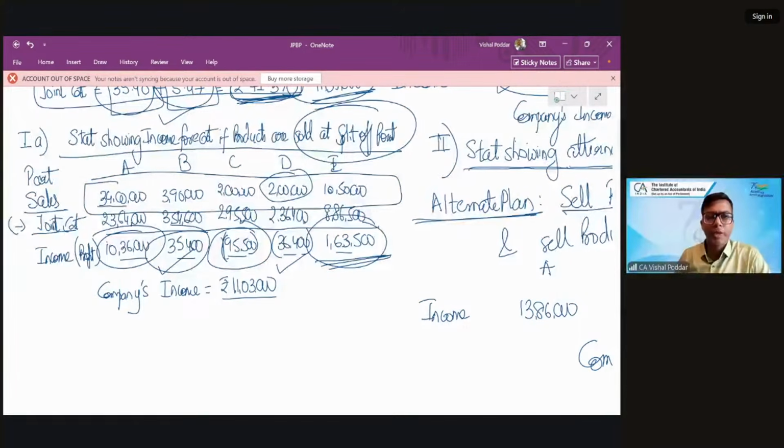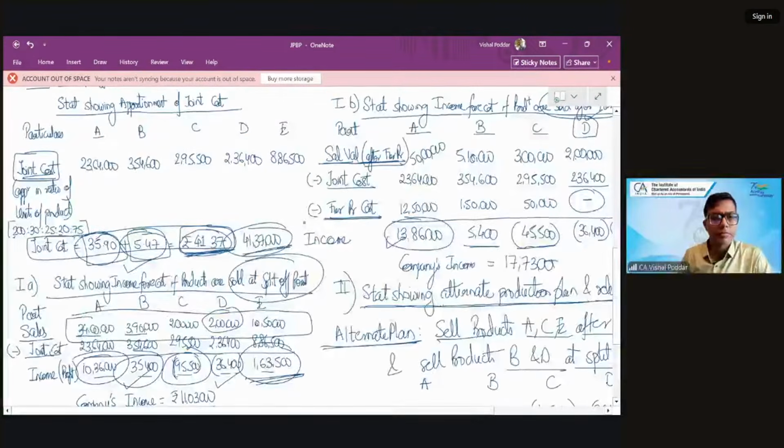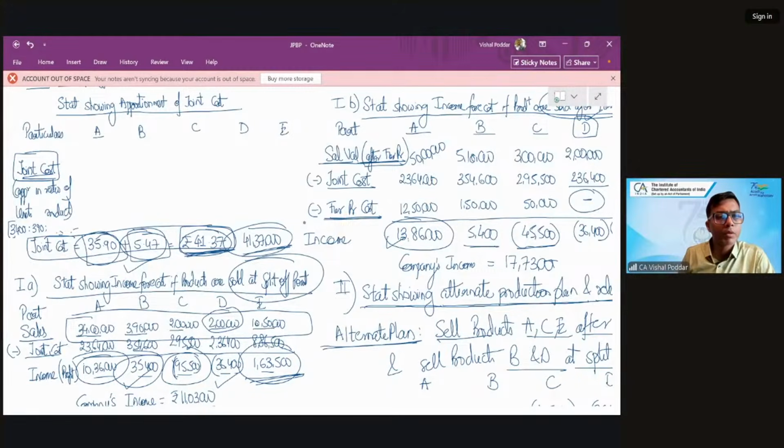So now my ratio will be 3400 is to 390 is to 200 is to 200 and 1050. Now this is my new ratio.